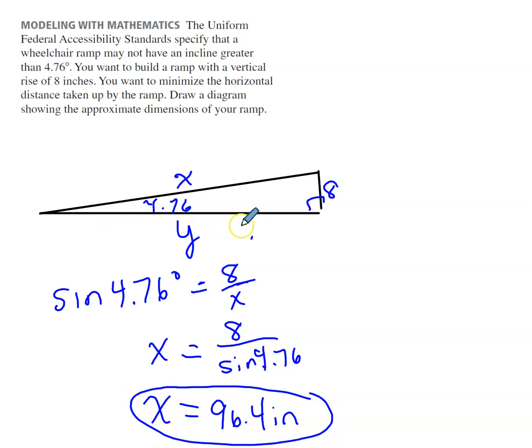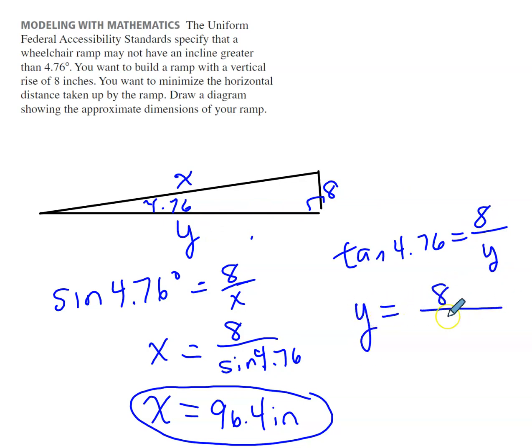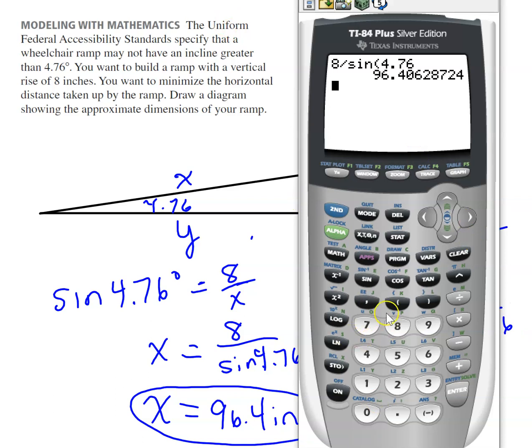And then we want to find the length of y. You can either use the Pythagorean theorem now that you have 2 sides, or you could use the tangent of 4.76 since you have the opposite 8 and you're looking for the adjacent y. So to find y, we're going to do 8 divided by the tangent of 4.76.